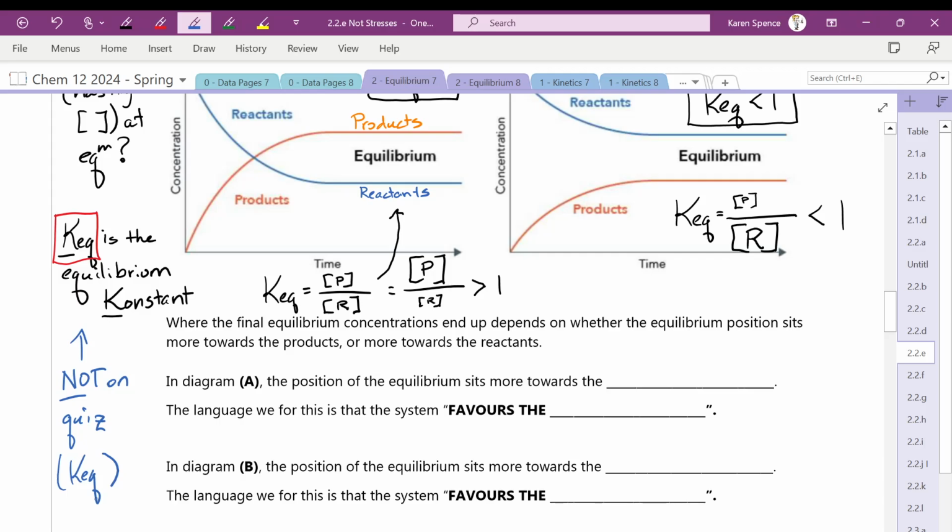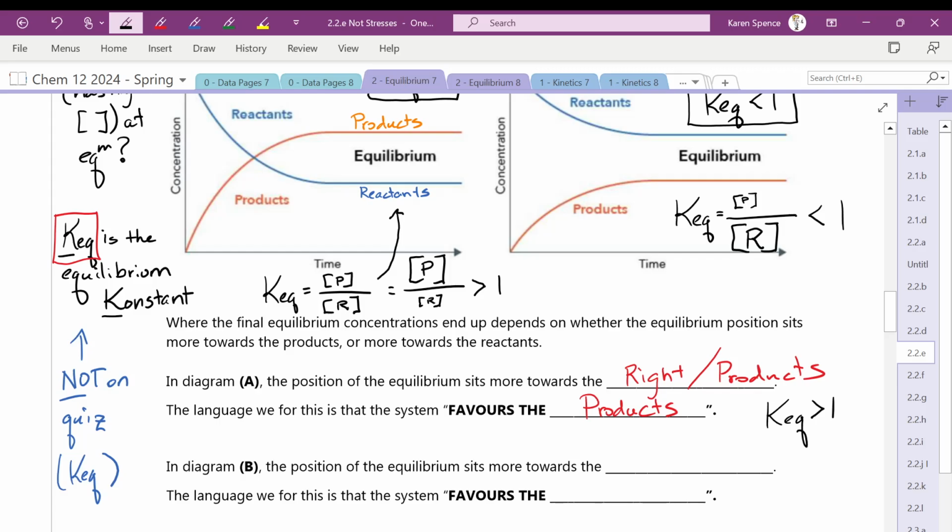All right, in diagram A, the position of the equilibrium sits more towards the right, towards the products. And so we say that the system favors the products. And if the system favors the products, is KEQ bigger than 1 or less than 1? KEQ is bigger than 1.